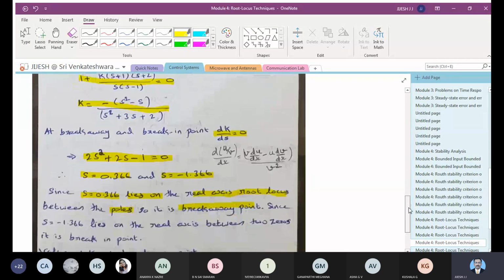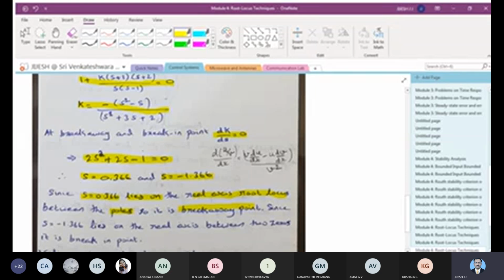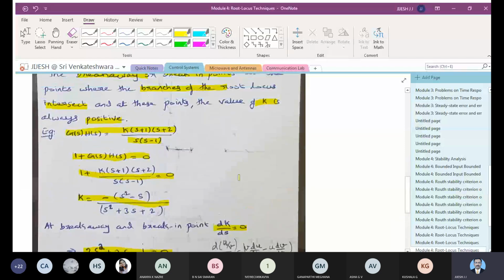Now you have taken this value 0.366. So where will it be? You know that the poles are at s equal to 0 and s equal to 1. Let me just write the poles and zeros.